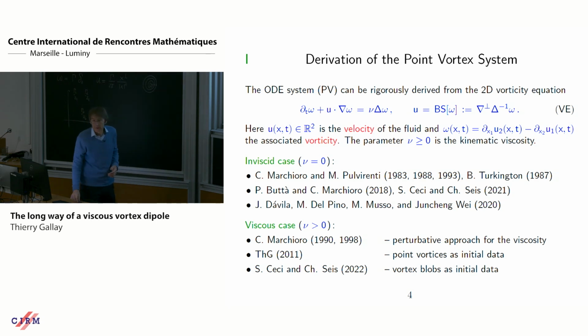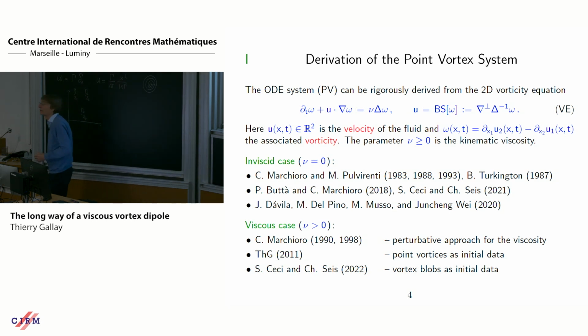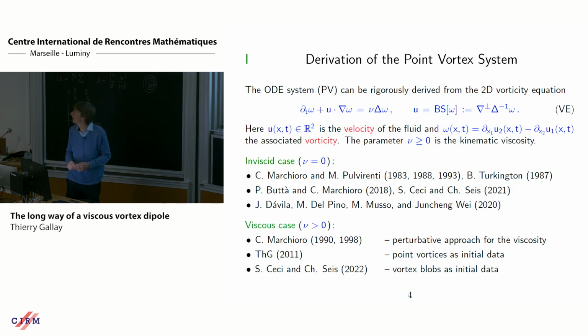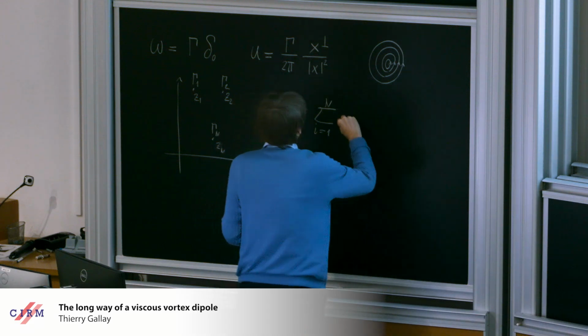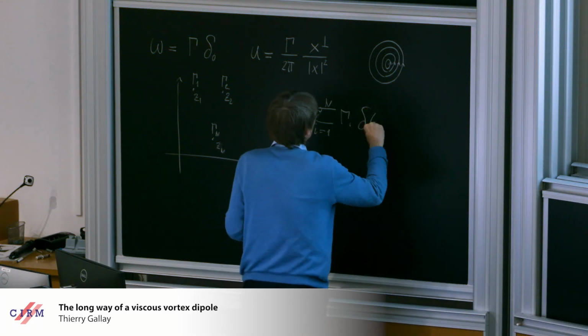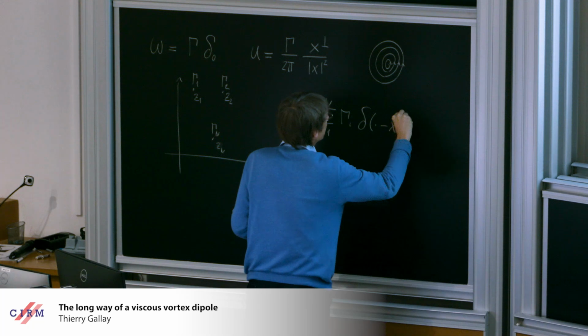So the problem is that the justification of the point vortex system is not completely straightforward from the fundamental equations of fluid mechanics, because you cannot just, for instance, take initial data which is a collection of point vortices, so you say omega 0 is the sum from i equals 1 to n of gamma i Dirac mass located at points x_i, for instance.